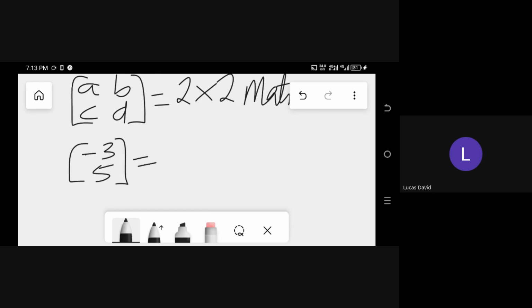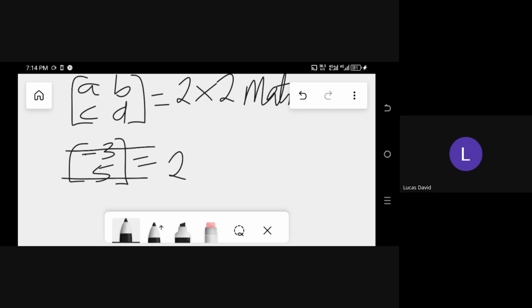Here, remember you always count the rows first, and illustrate that as row by column. The rows are counted horizontally. The horizontal part gives you the number of rows. So if we count horizontally, we have 1, 2. So there are two rows.